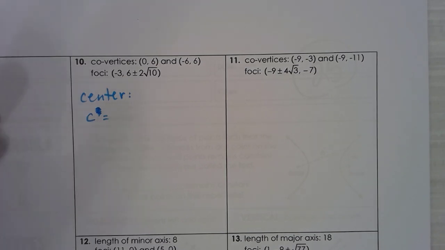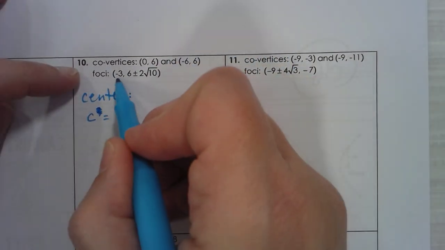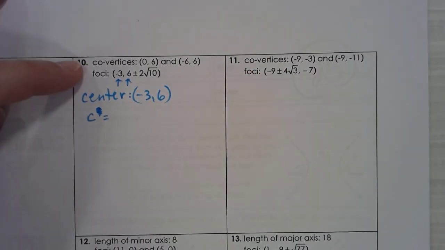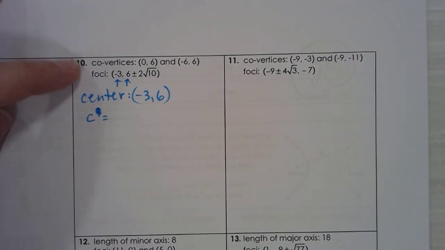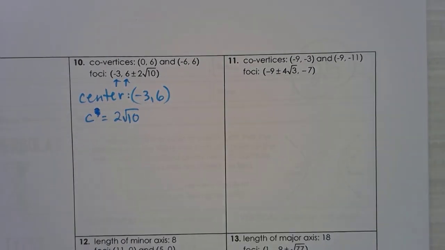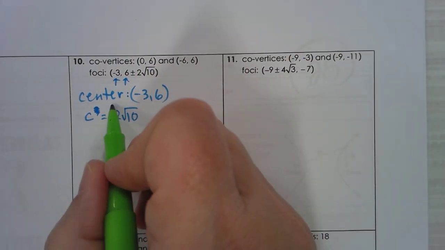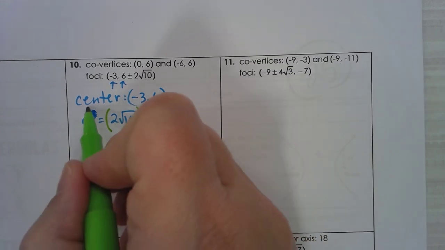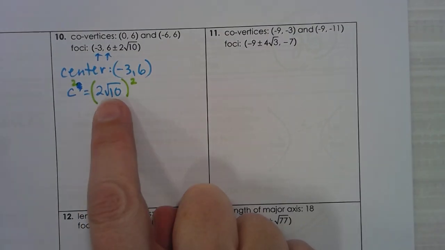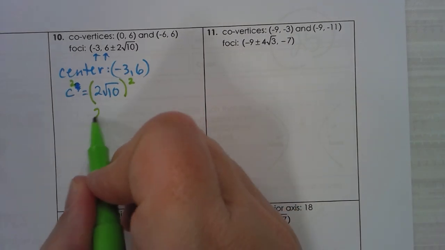All right, so the center is negative 3, 6 from our foci. And the rest of this, the 2 square root of 10, is C. So do y'all remember how to square that? When you square something that has a whole number and a radical, you're just going to do both of them squared.